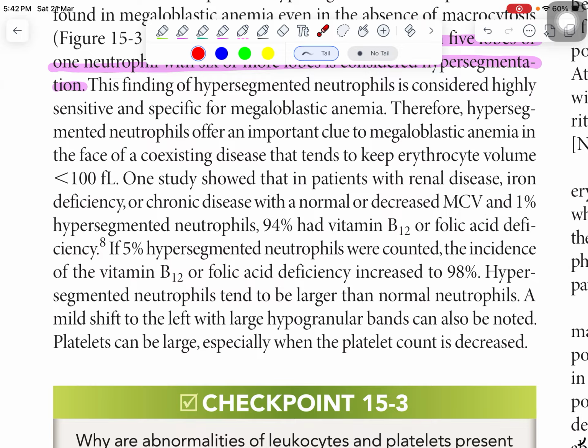One study showed that in patients with renal disease, iron deficiency, or a chronic disease with a normal or decreased MCV and 1% hypersegmented neutrophils, 94% had vitamin B12 or folic acid deficiency. If 5% hypersegmented neutrophils were counted, the incidence of B12 or folic acid deficiency increased to 98%.